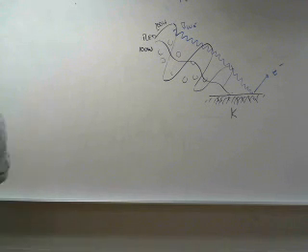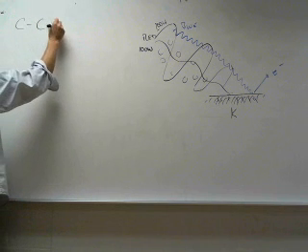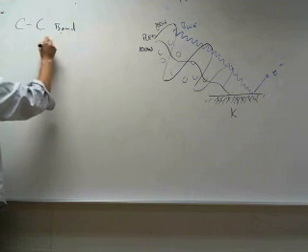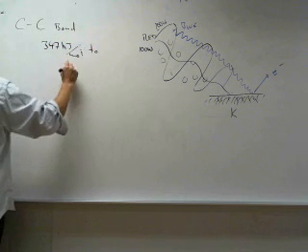$347. So let's do an example calculation. A carbon-carbon bond costs 347 kilojoules per mole to break.